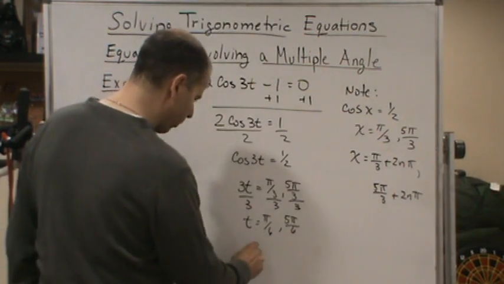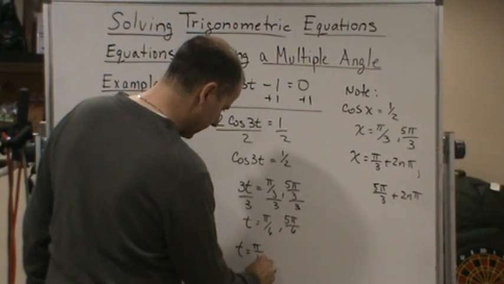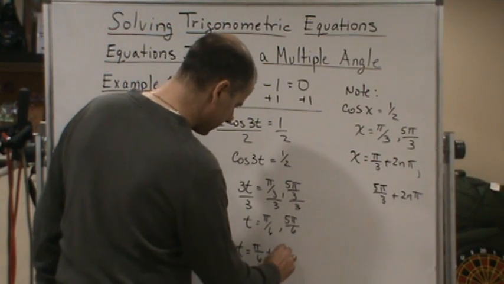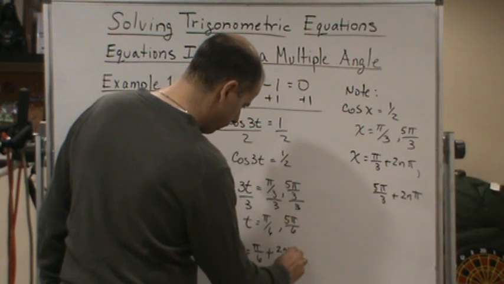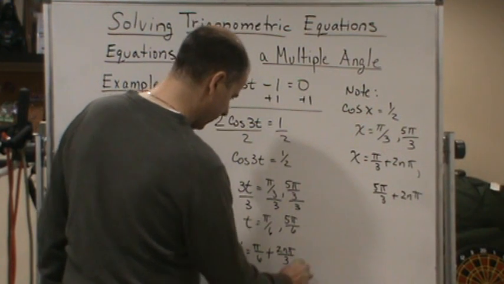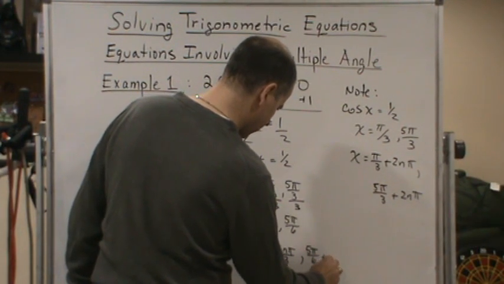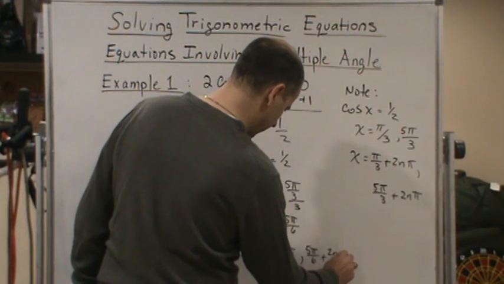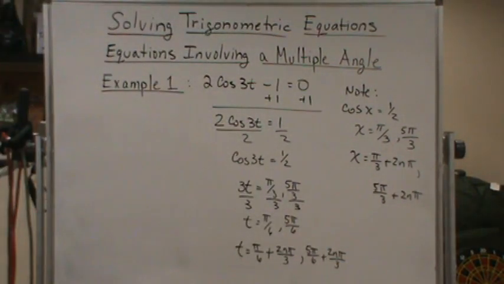And so the general case would be t is equal to pi over 6 plus 2n pi over 3 and 5 pi over 6 plus 2n pi over 3. That would be the general solution, where n, of course, is an integer.